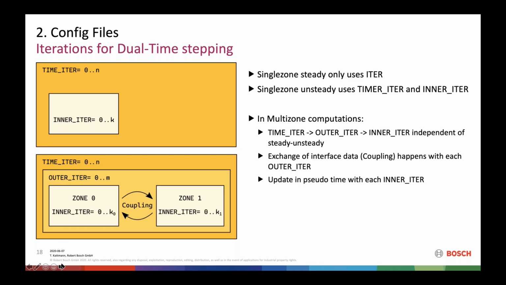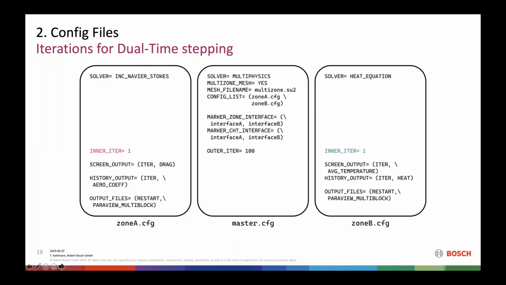If we apply that to our little test case, we could start with having inner iter for each zone equal to 1, and just putting what we had for iter before in outer iter. So in that case, that would mean that we do 100 iterations of our simulation, and in each zone we would do one pseudo time step and then do the coupling via the interface.